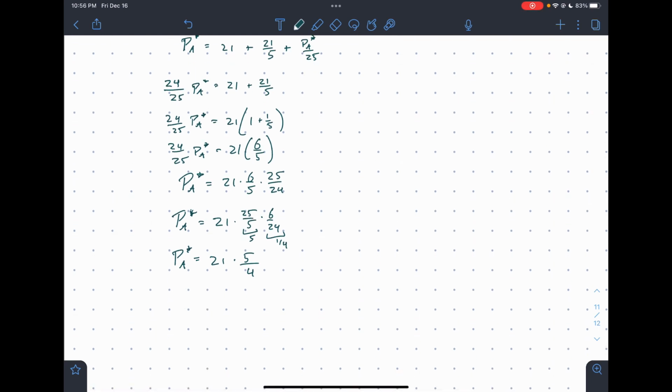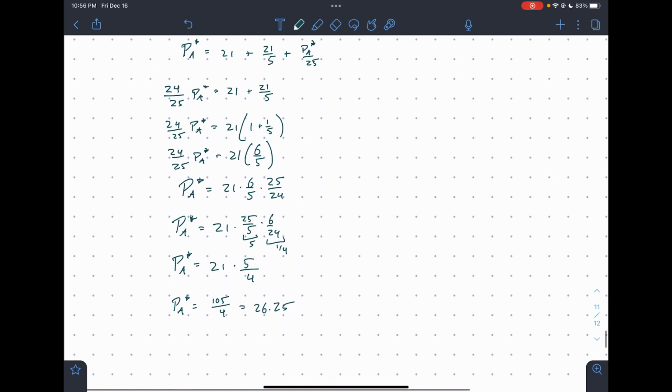So this ends up being 5 over 4. At long last, this is 105 over 4. It's not the nicest thing, but it's equal to 26.25. Okay, so I know that was a lot of algebra.